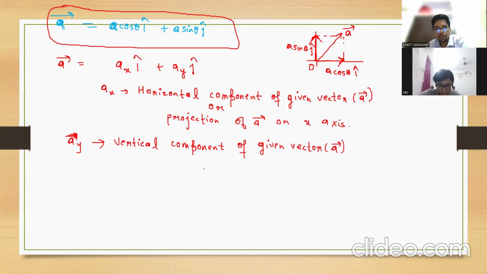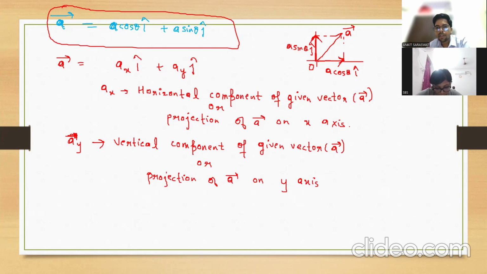Clear? Or we say, one more name, projection of A vector on y-axis. Clear? So this angle theta is made anti-clockwise like this.